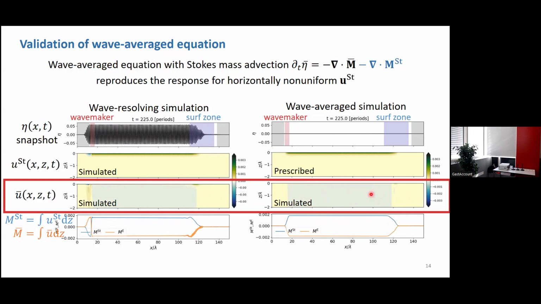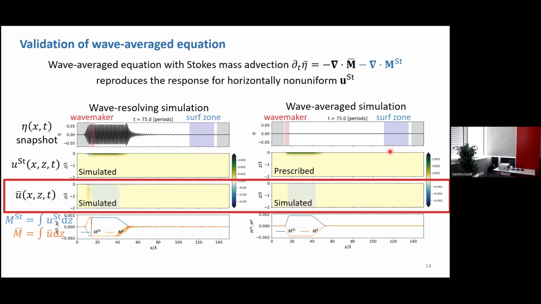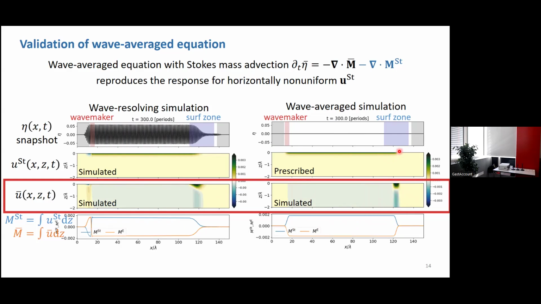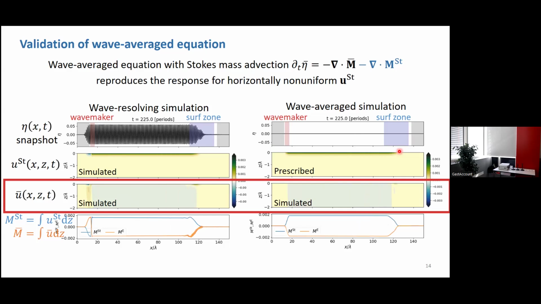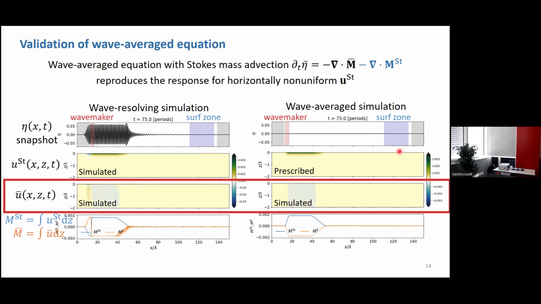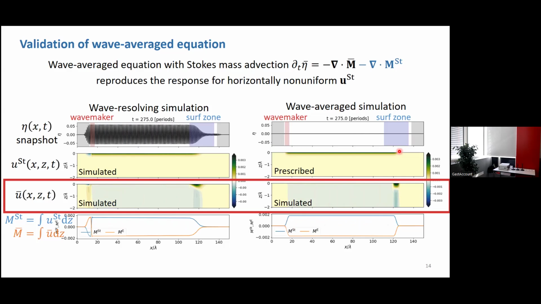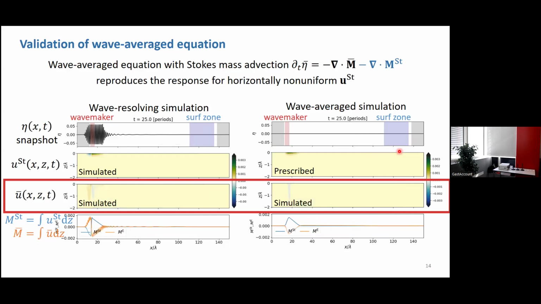But in this wave-averaged case, I added additional tangential stress based on the virtual wave stress theory of Longuet-Higgins. So it's like the loss of pseudo-momentum due to the viscous attenuation. So both are not perfectly equivalent, even mathematically.